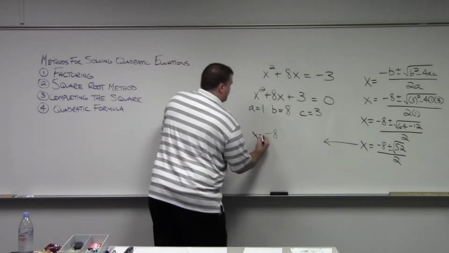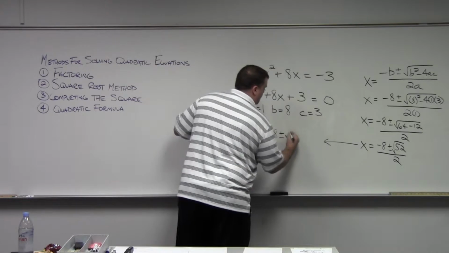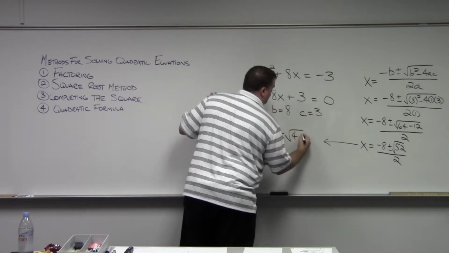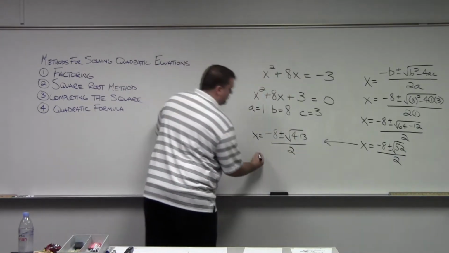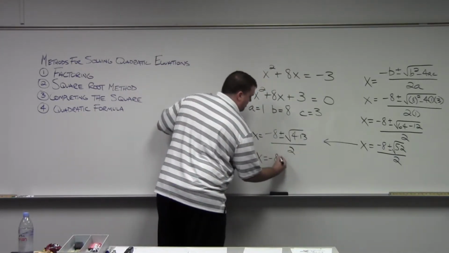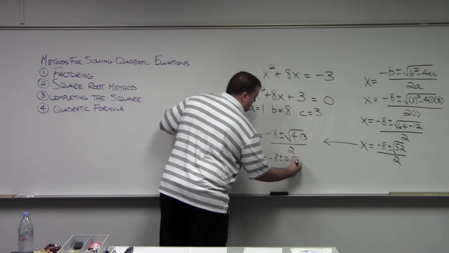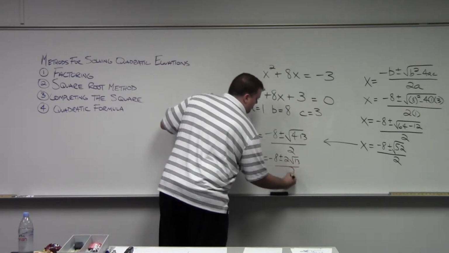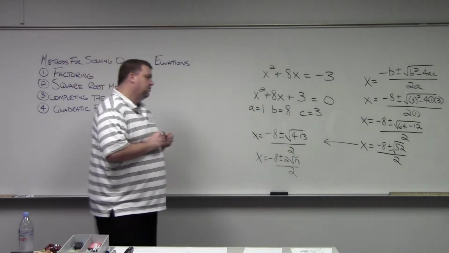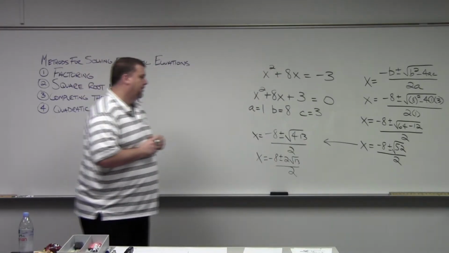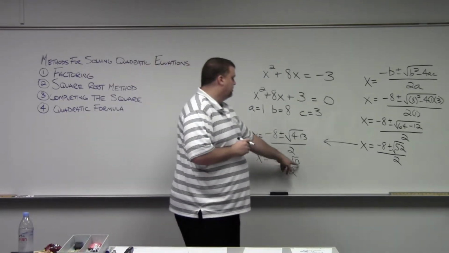So x equals 4 times 13. Once again, what's the square root of 4? 2. So I simplified the radical. Can I simplify the fraction any further? I've got negative 8 plus or minus 2 square root of 13 over 2.